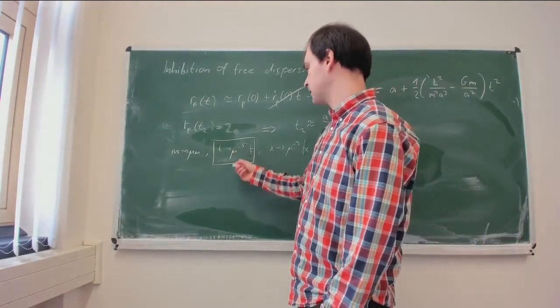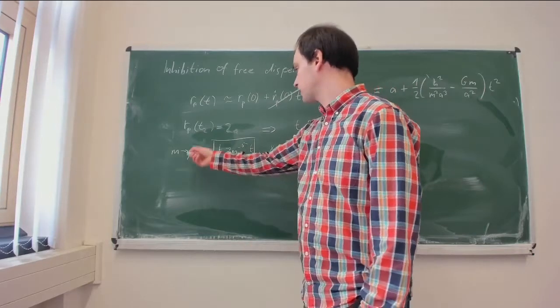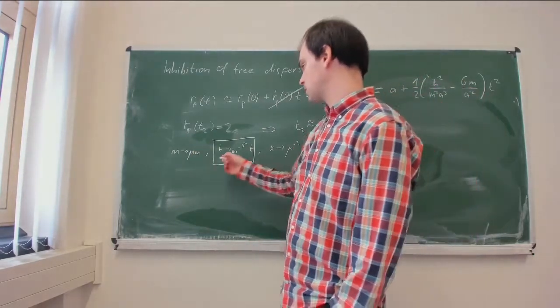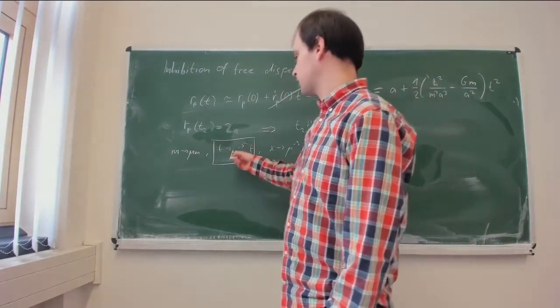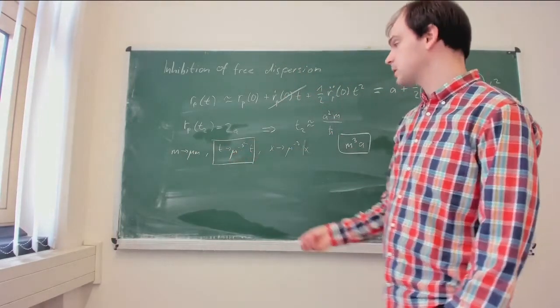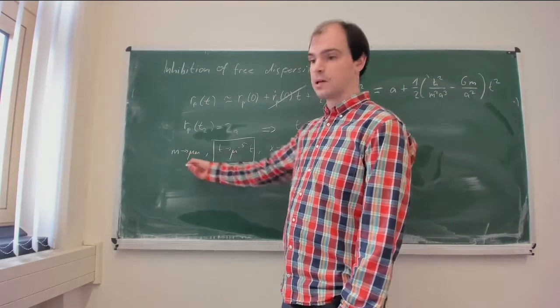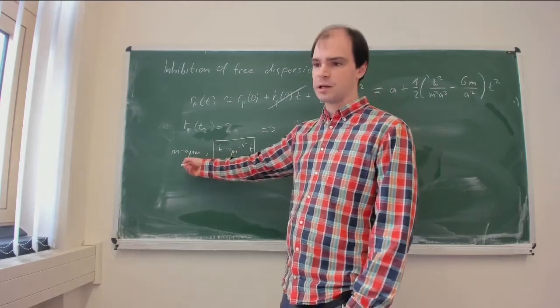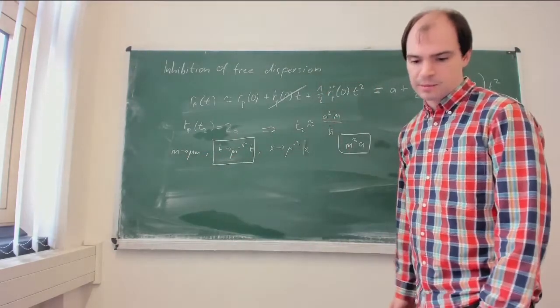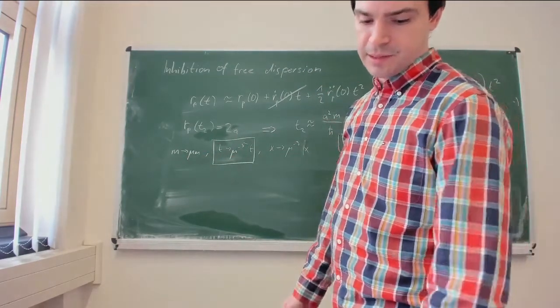So if we go up with the mass, then we can go down with the time here. If we go down with the mass, we have to go up with the time here. So we need to go to large masses to get to short times. We get to significantly shorter times if we just go some orders of magnitude up with the mass.